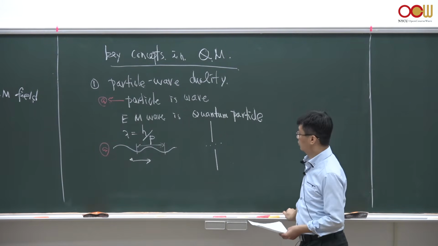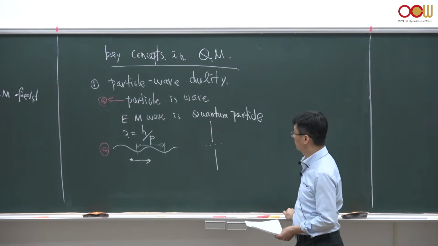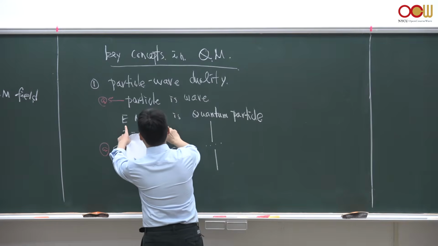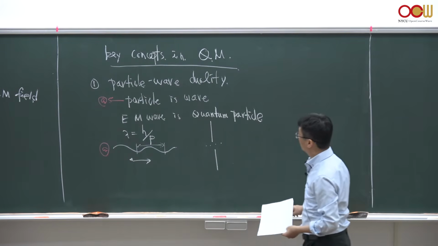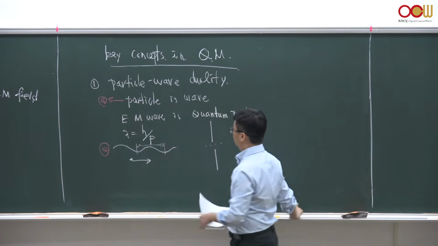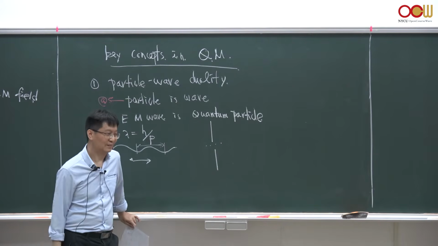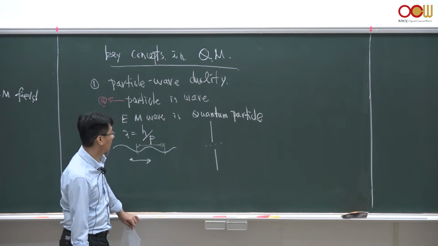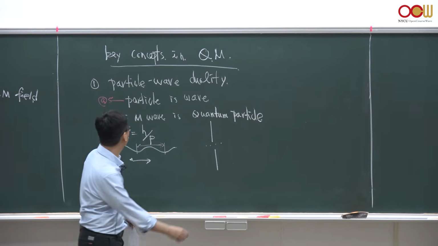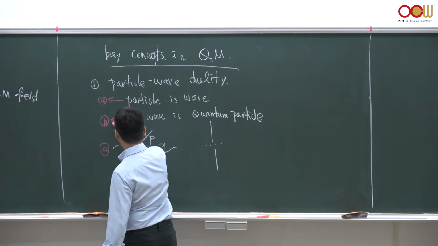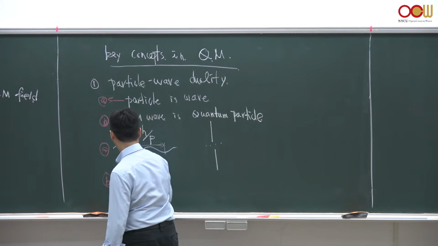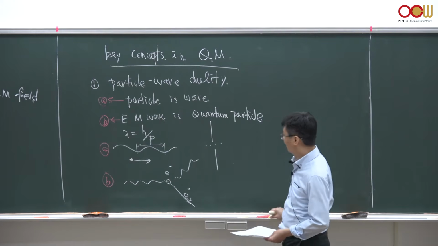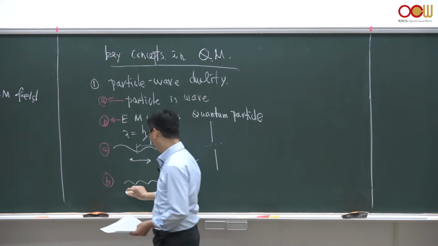So the particle is actually a wave-like material. And another very interesting side of this particle-wave duality is that some wave-like materials are really quantum particles. For example, electromagnetic wave is really a quantum particle, namely a photon. Okay?